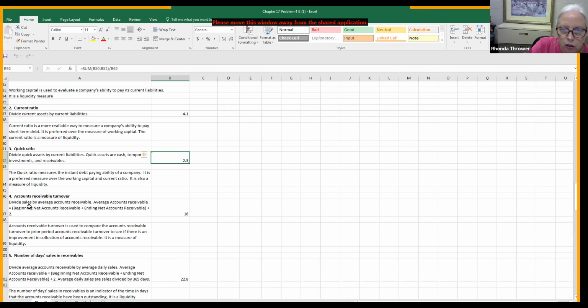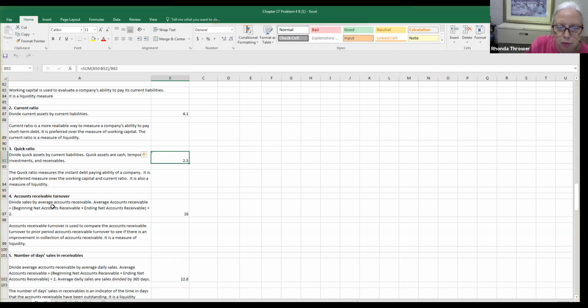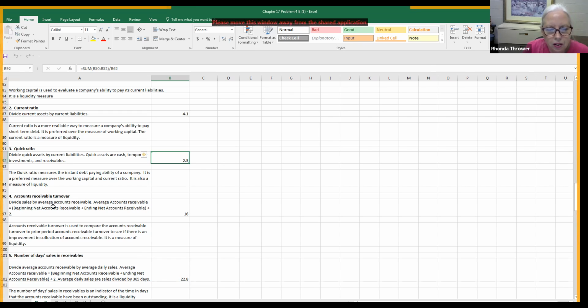This sales figure, if your company knows its credit sales, you could actually take the credit sales and divide it by the average accounts receivable to get a better measure of accounts receivable turnover. But in this particular problem, we did not know what our credit sales are. So we're going to simply use our total sales and divide that by the average accounts receivable.